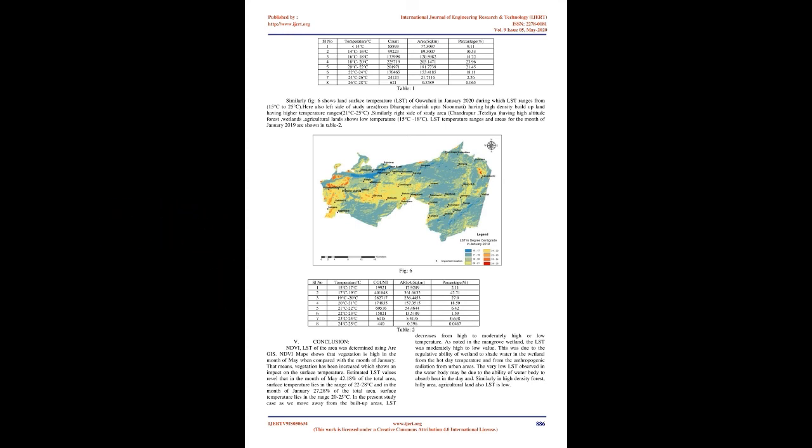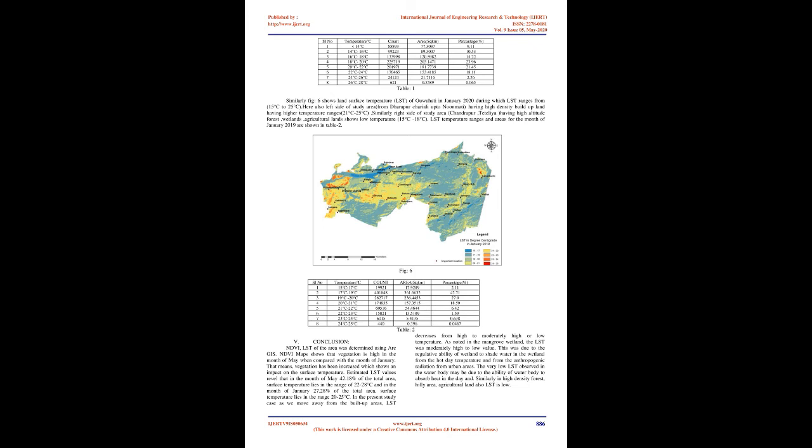The NDVI map for the month of January shows that the NDVI value ranged between -0.121 and 0.433. The resulting map shows high NDVI, Fig. 4.